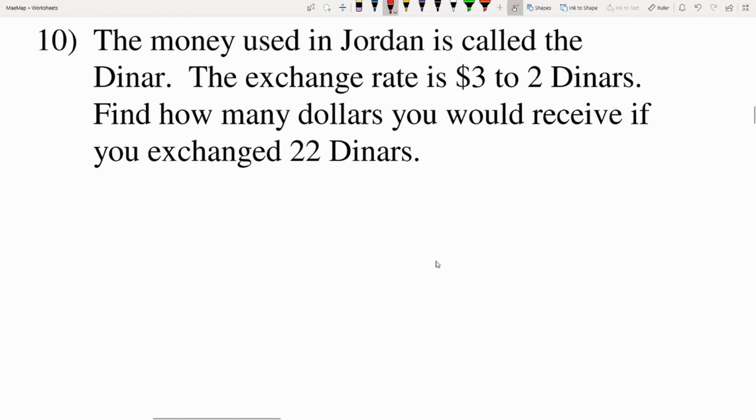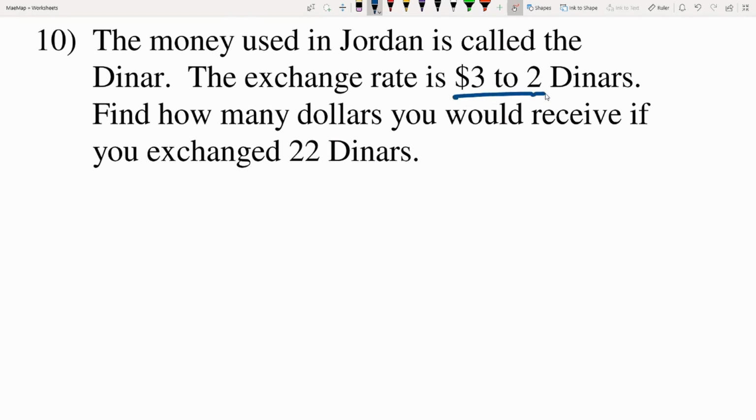In number 10, it says the money used in Jordan is called the dinar. The exchange rate is $3 to 2 dinars. Find how many dollars you would receive if you exchanged 22 dinars. So $3 to 2 dinars is our ratio. So I'm going to have $3 to 2.